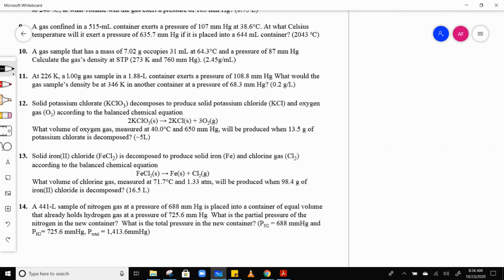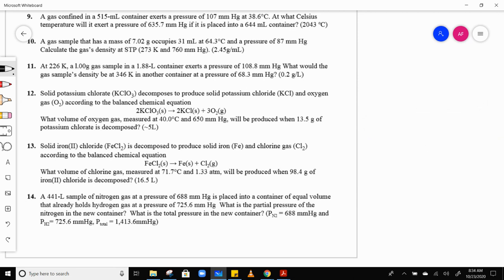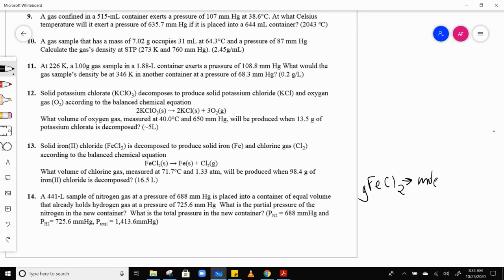So iron 2 chloride. Molar mass, I got to add that up real quick. Okay, so what we're going to do is we're going to take the grams of FeCl2, convert that to moles of FeCl2, then convert that to moles of Cl2.